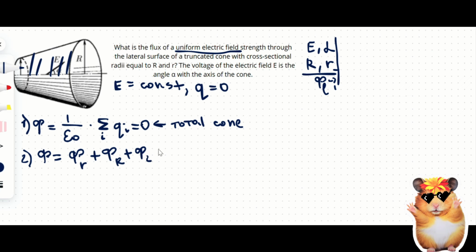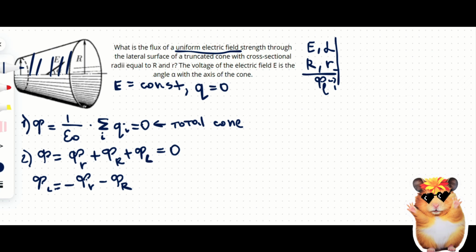And as I said, in our case, it is equal to 0. We have to find the flux of the lateral surface, the main character here. And we write it as minus the flux of the small base minus the flux of the big base.